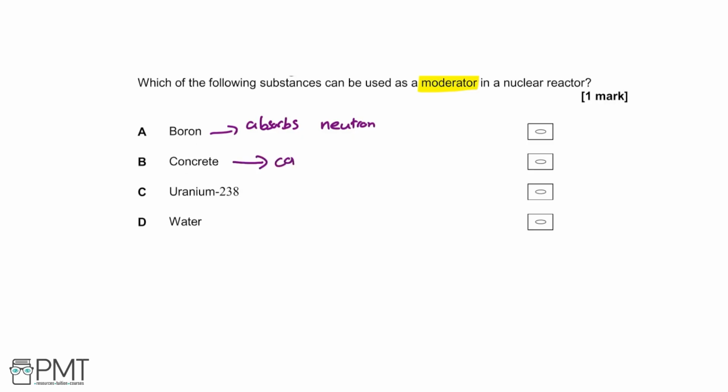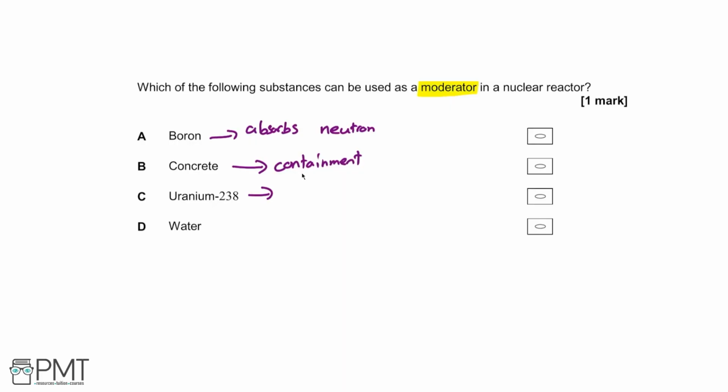For B, concrete is used for containment, specifically to shield the outside from radioactive material. For C, uranium-238 is an alternative isotope to uranium-235, which is the kind used in nuclear reactors. On the whole, this is just a red herring. And finally, we have water. Water is used as a moderator in a nuclear reactor.